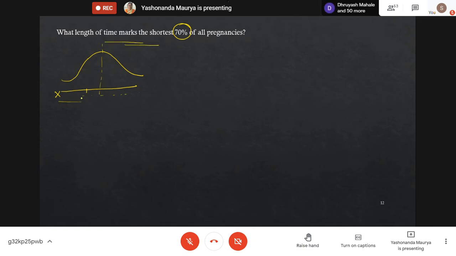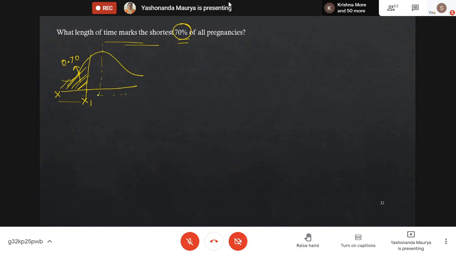So suppose this point is x1, then what it says is, it is the shortest of this. Okay, and what is this area? Can you predict something about this area? What will be this area? It will be 70%, 0.70. Percentages, when I write in decimal, this is what I get. Is this clear? So we can find the point x1 the same way.